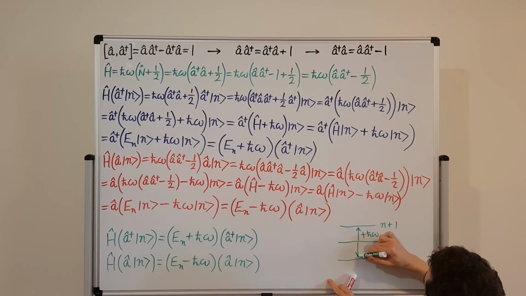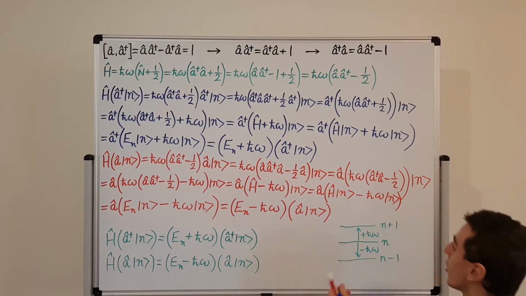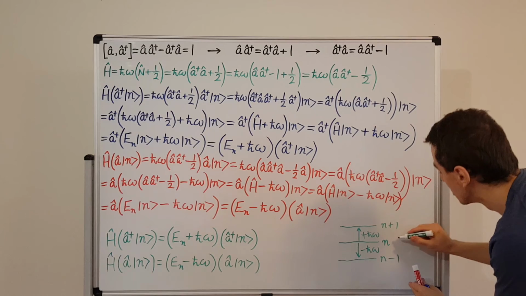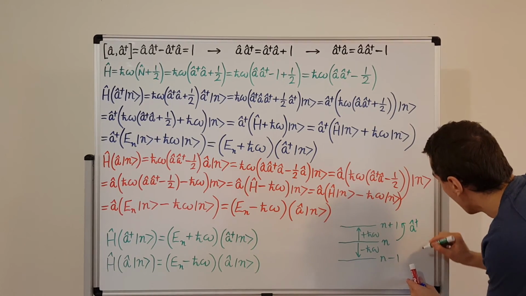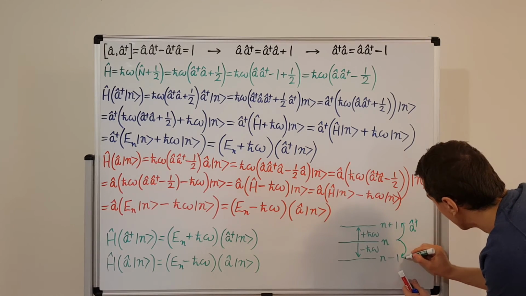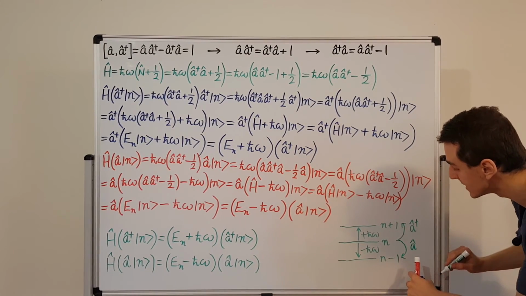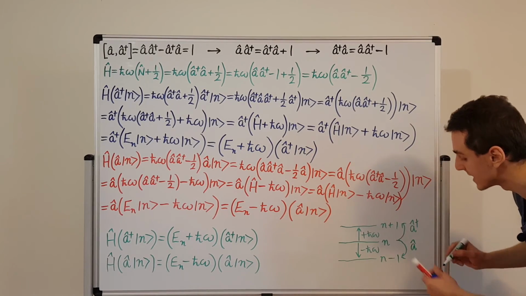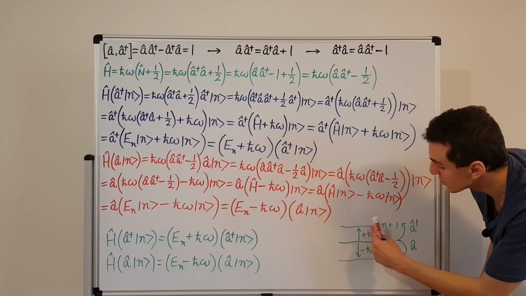And if we go down, that's subtracting h bar omega. And how do we go up a state? Well, we apply the raising operator, a dagger. And if we want to go down a state, then we just apply a. So a lowers the state and a dagger raises the state. And the energy gets lowered and raised by h bar omega.